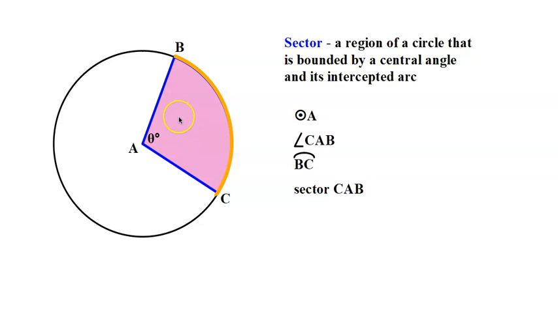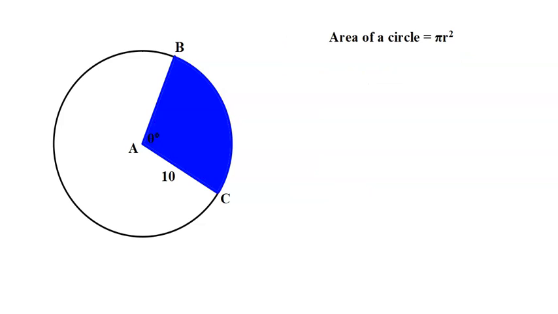All right. And so now what we're going to do in this lesson is look at how to find the area of this sector. So here we go. The area of a circle, you'll remember, is pi r squared, right? You all know that. You've had it for a while. So if I wanted to find the area of circle A here, I need the radius. The radius is 10, so I'm just going to plug that in.